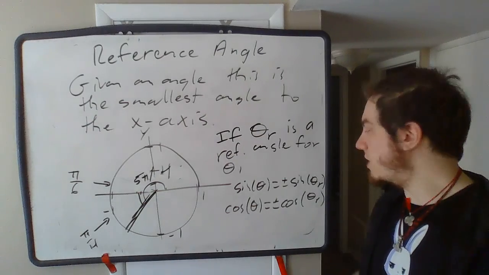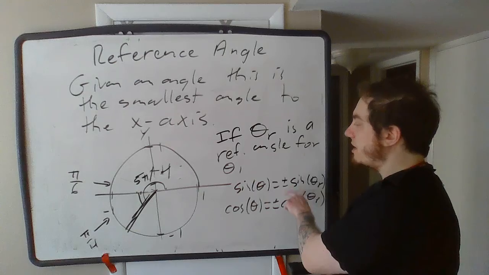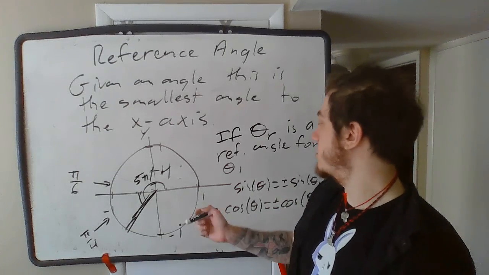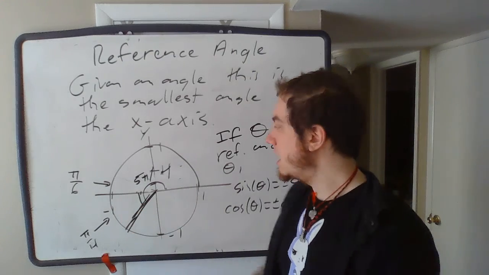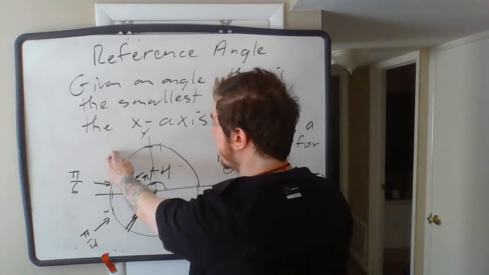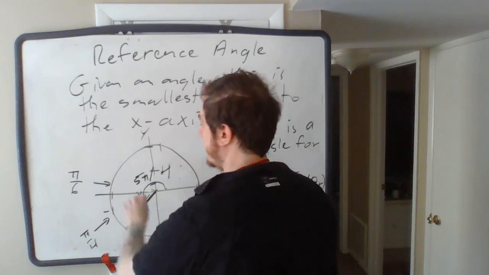In other words, you can find these by using the reference angles, and then to figure out if it is positive or negative, you just ask yourself, is sine or cosine positive or negative in this quadrant? So in quadrant 2, for example, we know that sine is positive and cosine is negative.